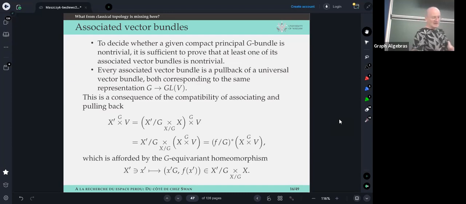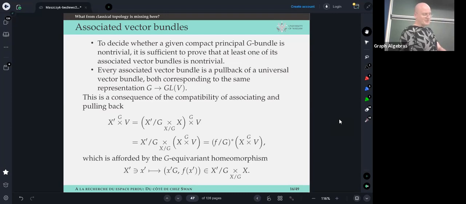Okay, while X should be regarded as the total space of the G bundle. So if I have another G bundle, X prime, over its base X prime mod G, then having something defined over X prime, provided these two G spaces are related by a G equivariant map, I can construct the following pullback.